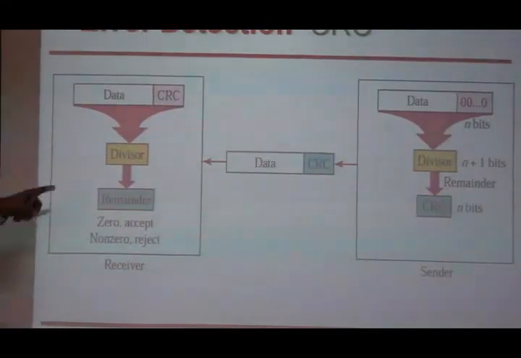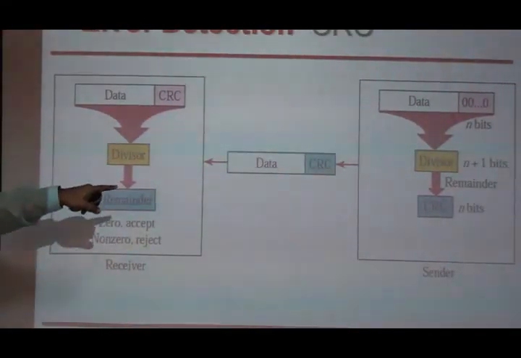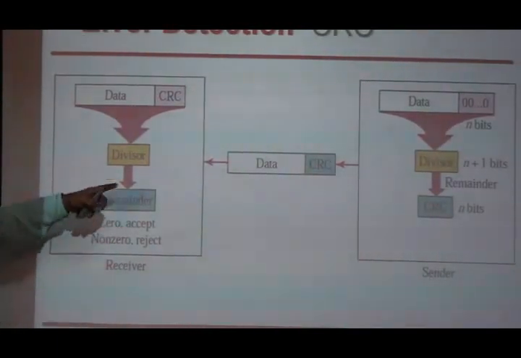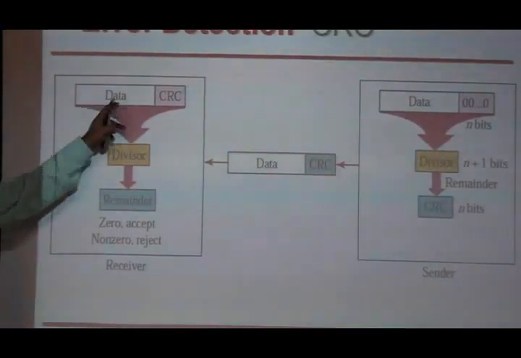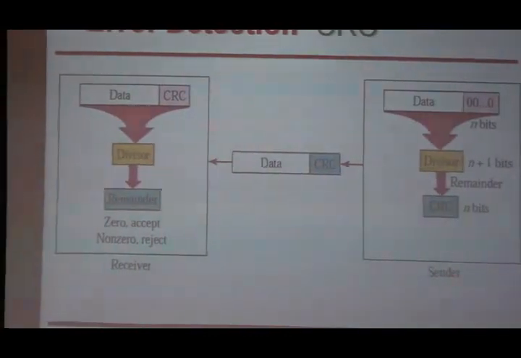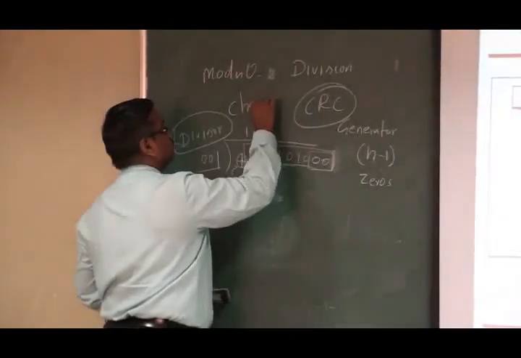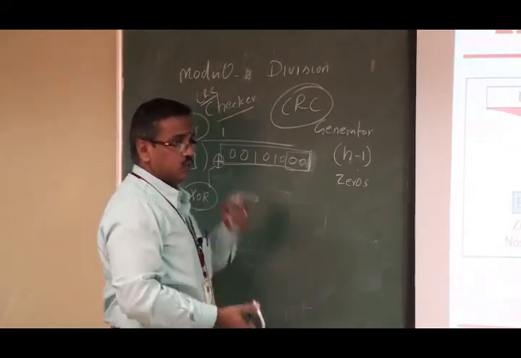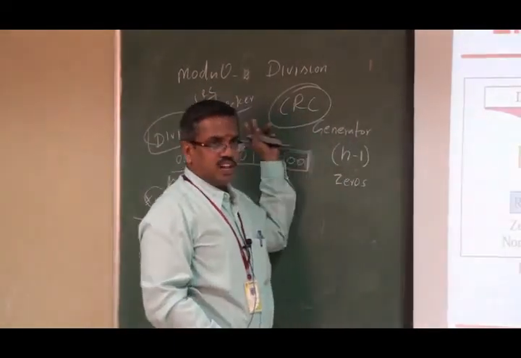Along with the original data, the CRC is combined together and transmitted to the medium, and the receiver receives this data as well as the CRC, and performs the CRC checker.